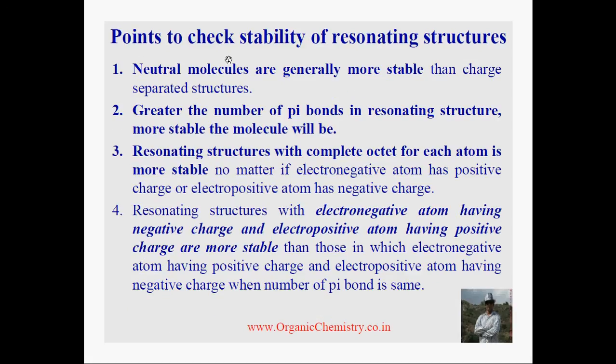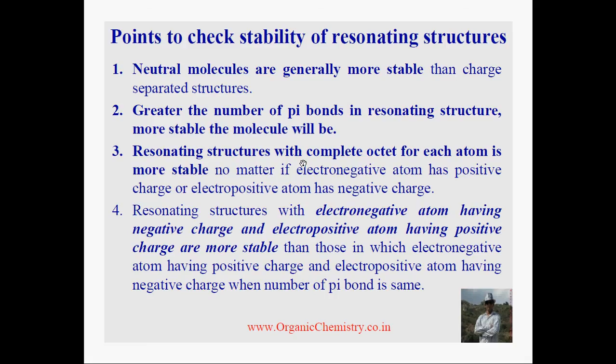How to check the stability of resonating structures: there are some key points on the basis of which we find the stability. First, neutral molecules are generally more stable than charge-separated structures. Greater the number of pi bonds in a resonating structure, more stable the molecule will be.